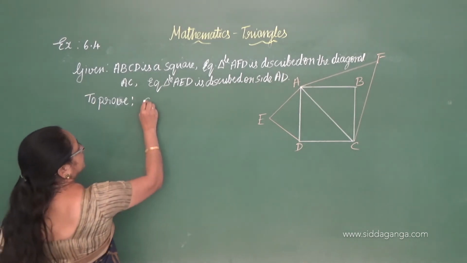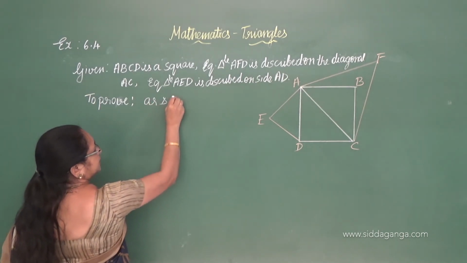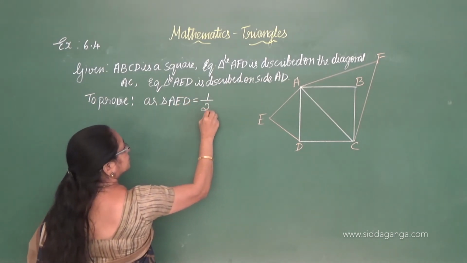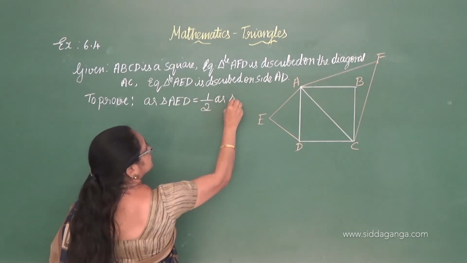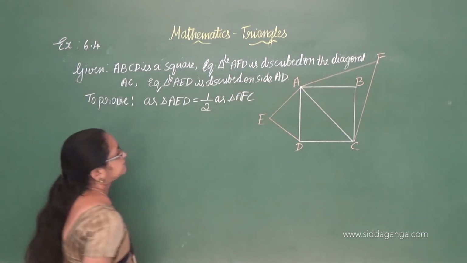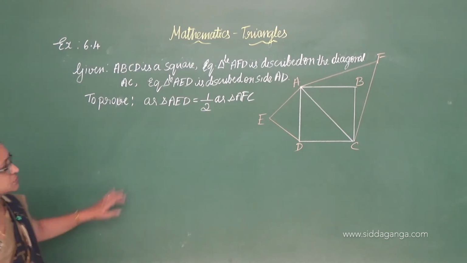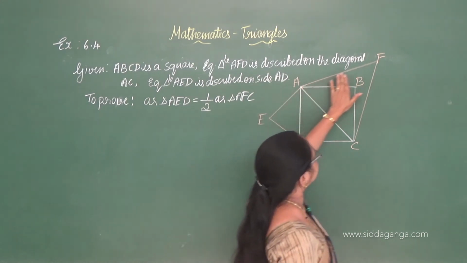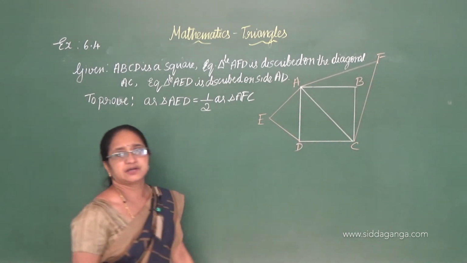So area of triangle AED is equal to half the area of triangle AFC.